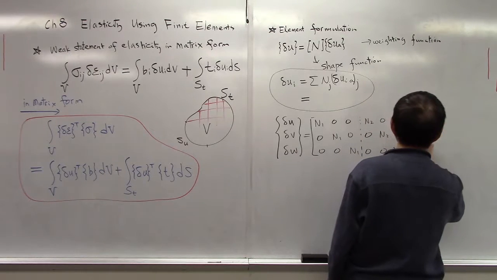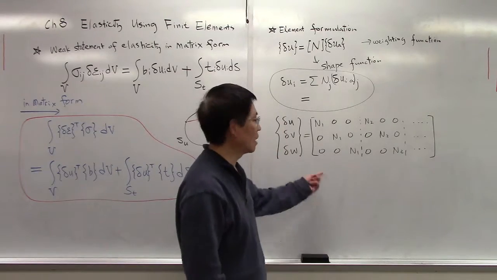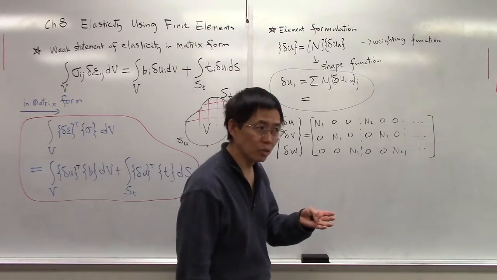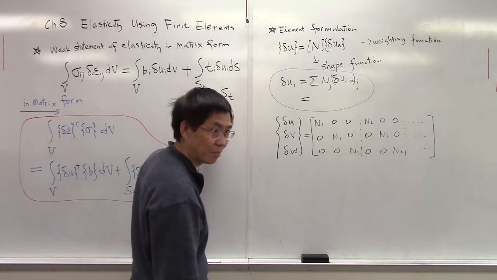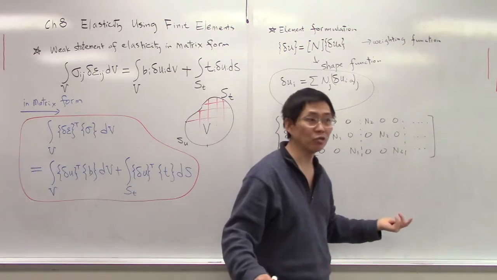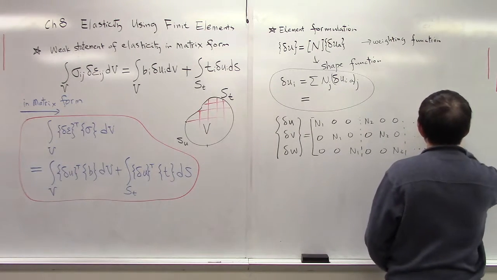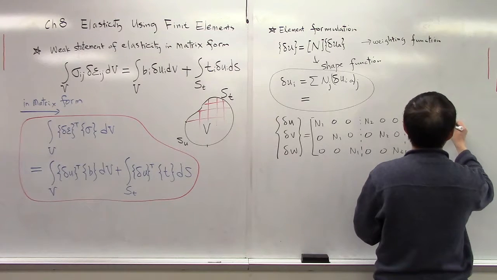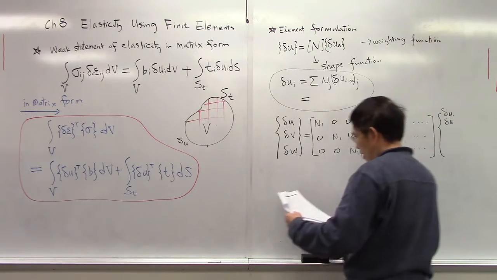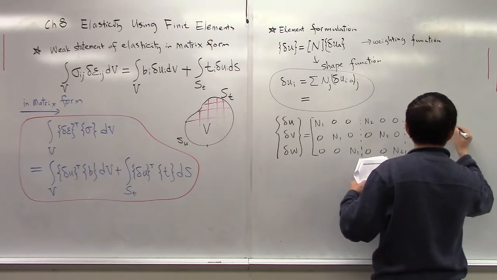And then again, it could be very long. It depends on how many nodes your total finite element model has. You can have 100 nodes, 1,000 nodes, like that. So this thing is really pretty long. Here you have delta U1, delta V1, delta W1.